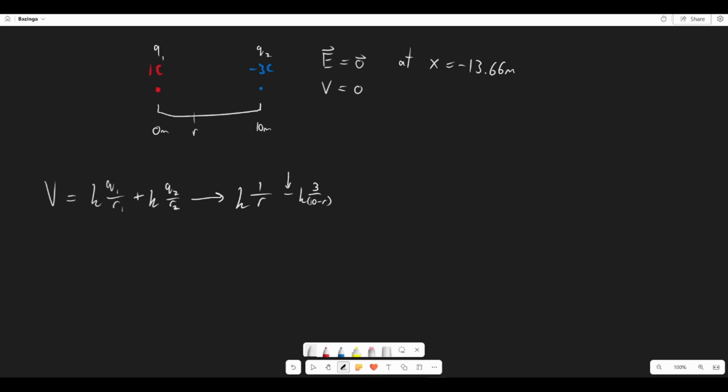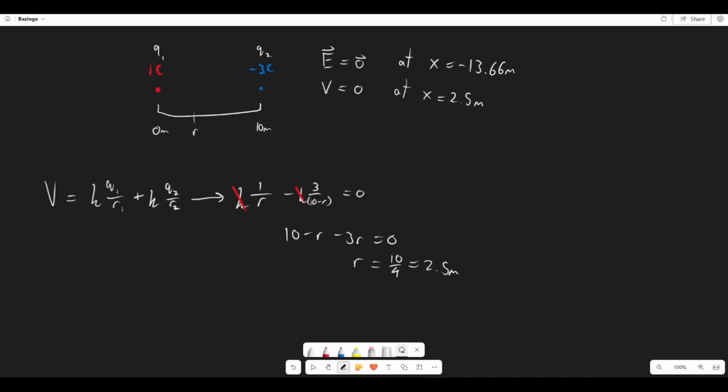And this minus here, I'm just bringing it out from the q2. I could have just as easily written plus k into minus 3. Setting this equal to 0, once again, we can get rid of the k's and cross multiply to get 10 minus r minus 3r equals 0. And from here, it becomes very trivial to see that r equals 10 by 4, which is just 2.5 meters.